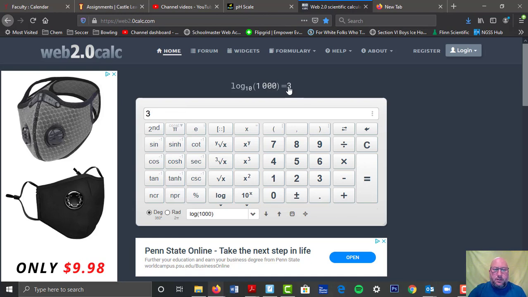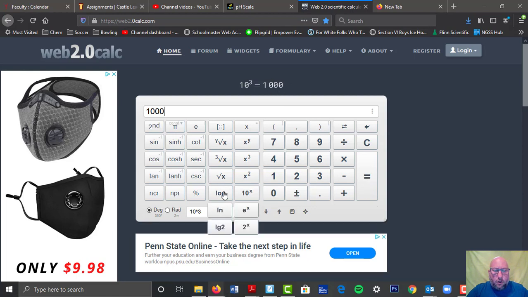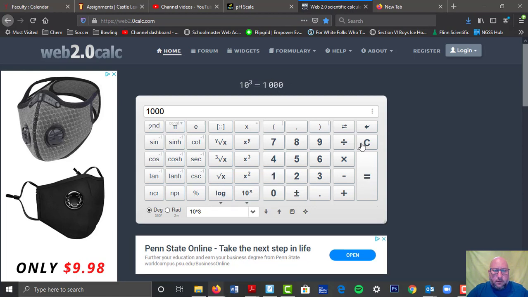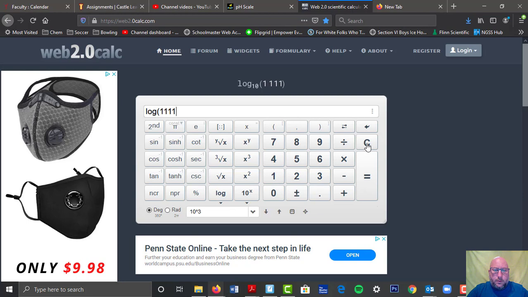So what this answer tells me is that if I take 10 and I raise it to the third power, I get 1,000. The opposite of that, if I take the logarithm of 1,000, I would get 3.